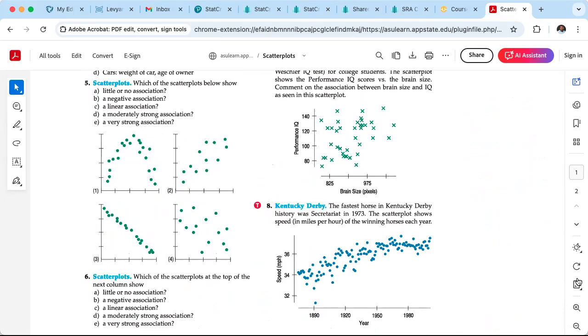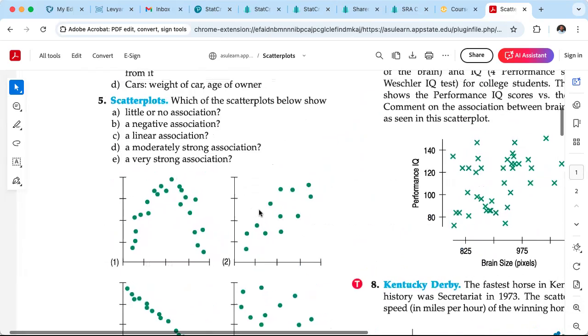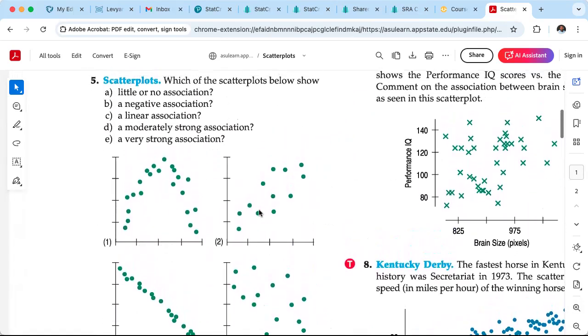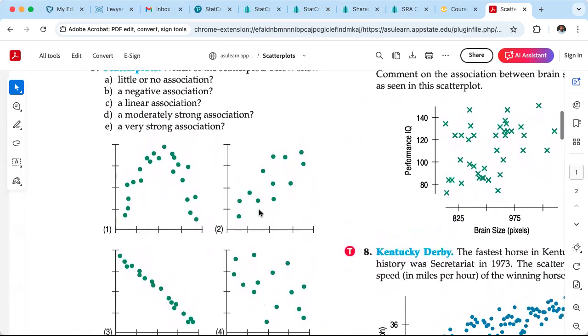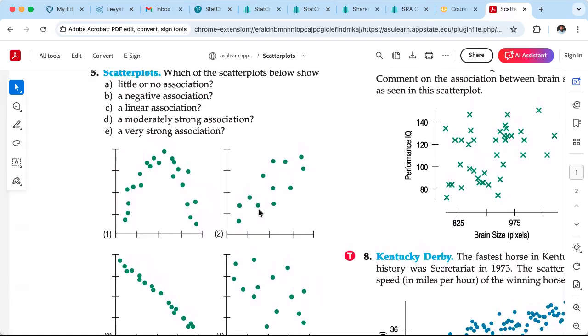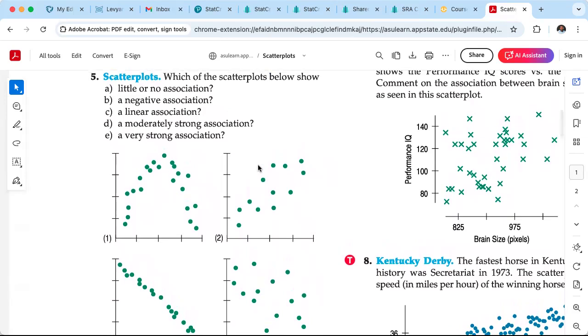I'm trying to see if I could zoom in, but if I zoom in, I lose the four graphs. But it's okay. So let's see. The question is, which of the scatter plots below show little or no association?